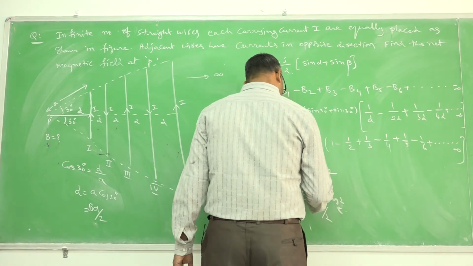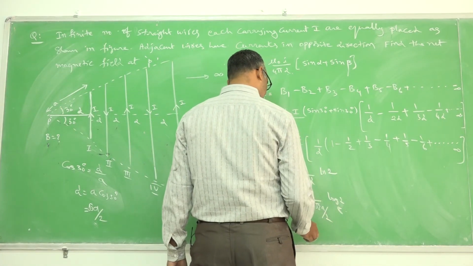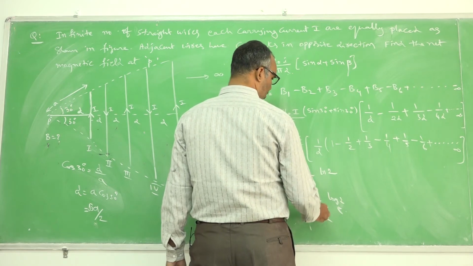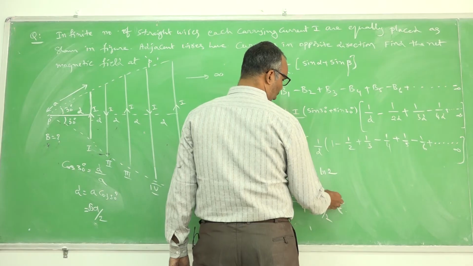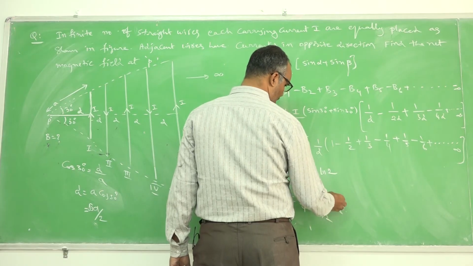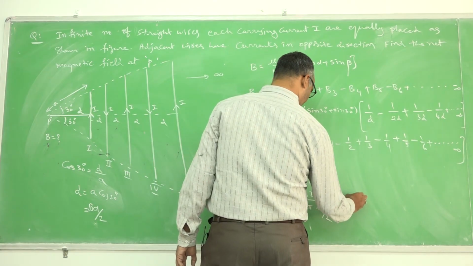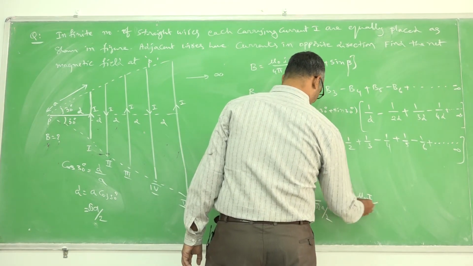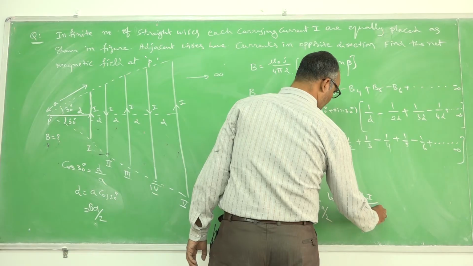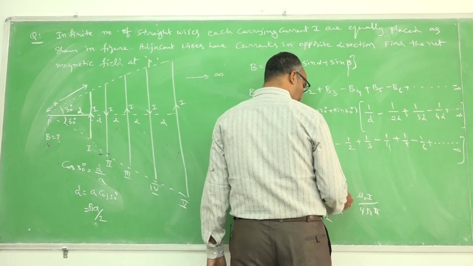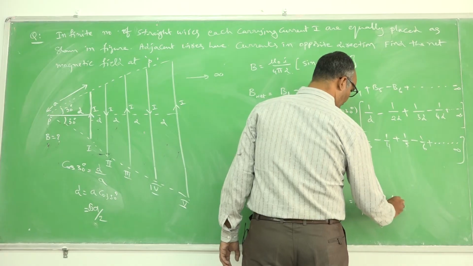This 2 will go to the numerator. x log m is log x power m. So you may write it as mu naught I by 4 root 3 pi. This 2 will come here, 2 will go to the power of this, log 4 to the base e.